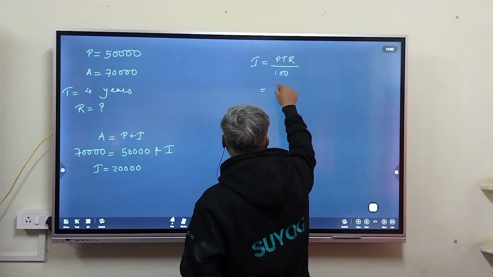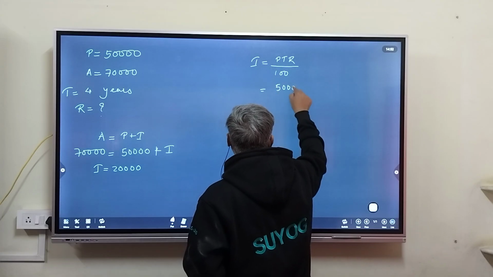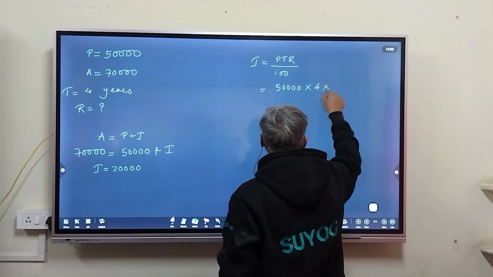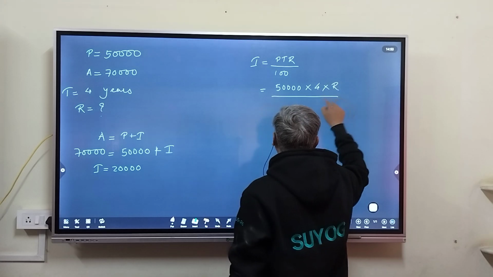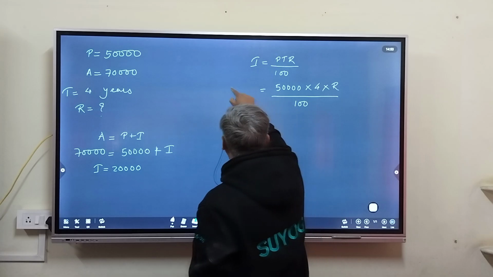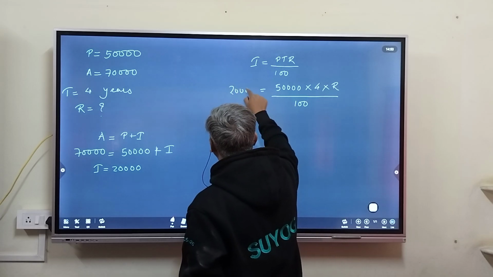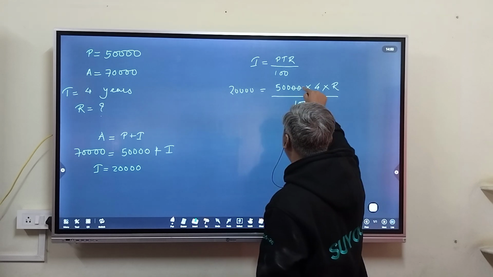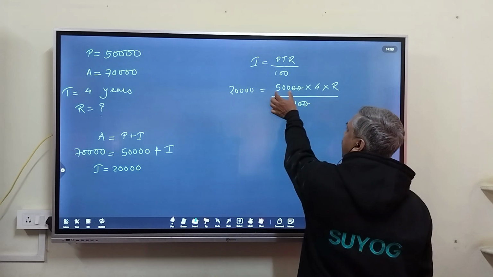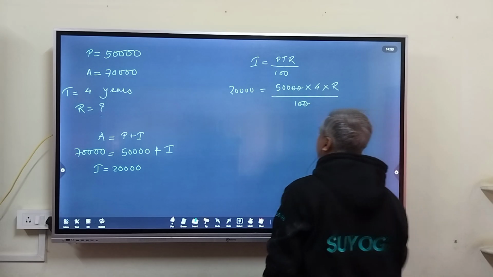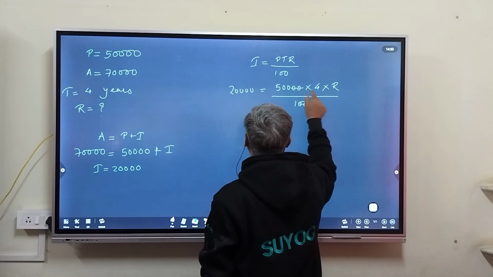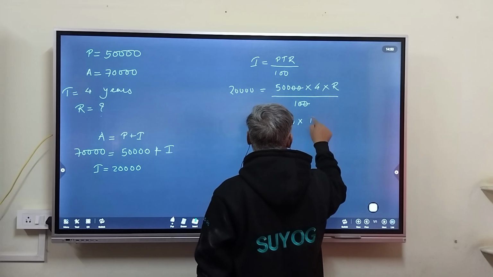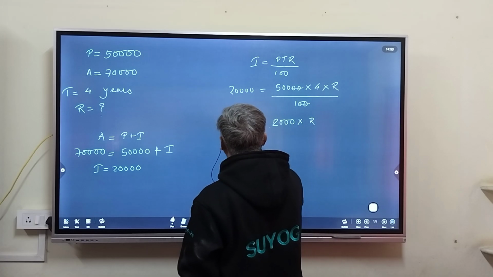The principal is 50,000, the tenure is 4 years, and the rate I don't know. 500 into 4 is 2,000. So 2,000 into R is equal to 20,000.